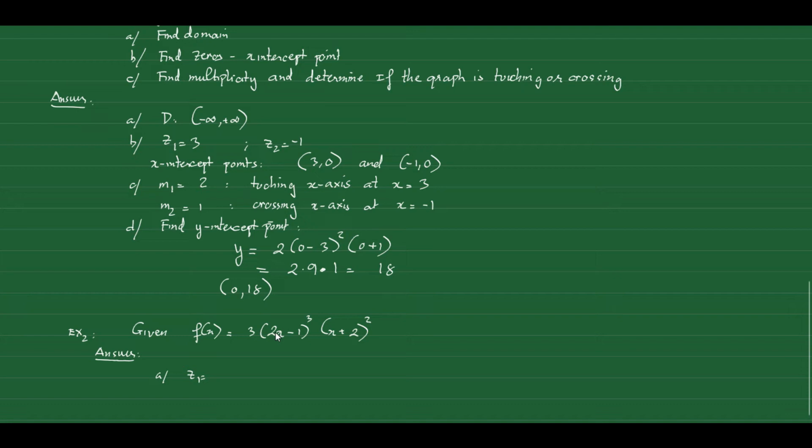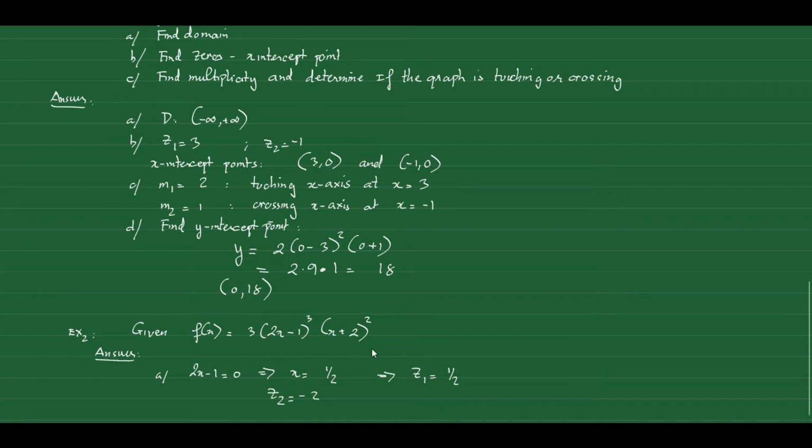So in order to find z1, you have to set this equal to 0 and solve for x. So x over here will be a half. So z1 will be a half. And z2 is easy, because there's nothing in front of x, so z2 is still -2.